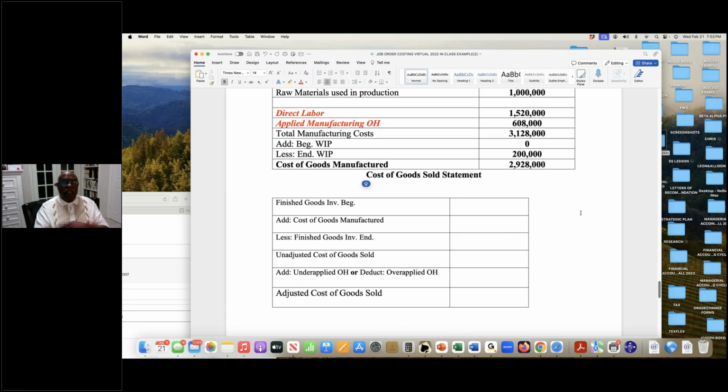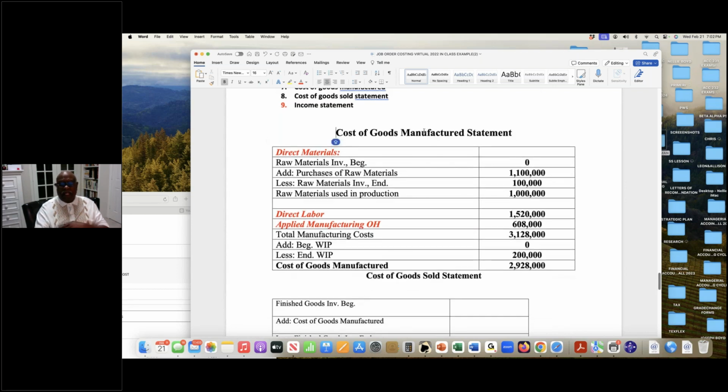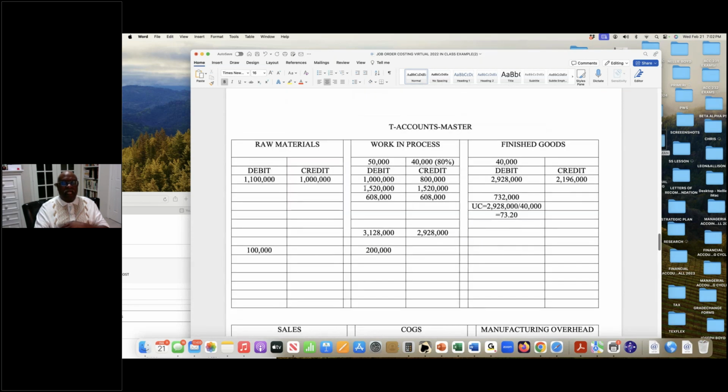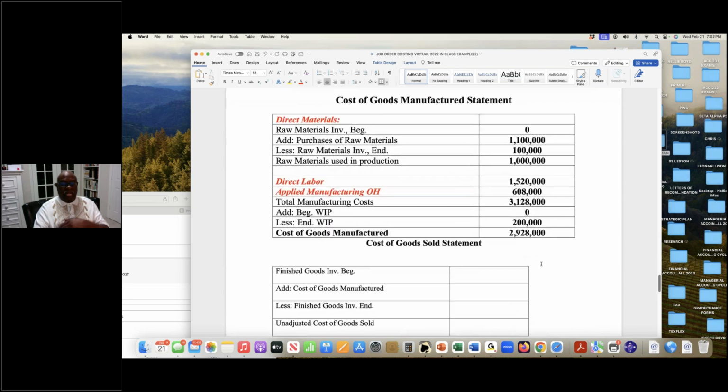So this becomes your first new statement that we're doing. Cost of goods manufactured is simply raw materials, direct labor, and applied manufacturing overhead that is in the work in process T account. So you get that T account done, then you got the statement done. And what the statement tells us is what was our total cost to make the items.